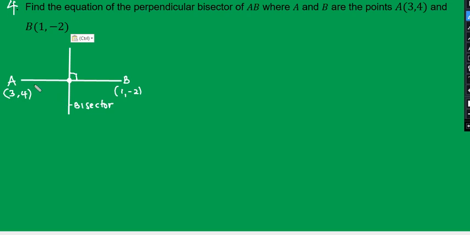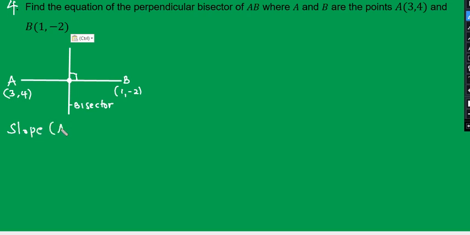So we have to first get the gradient of line AB. When you get the gradient of AB, it is very easy to find the gradient of the bisector, because if it is perpendicular to AB, the product of the gradients will give us -1.